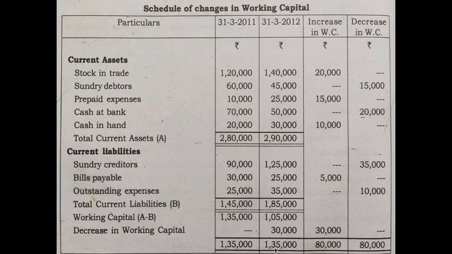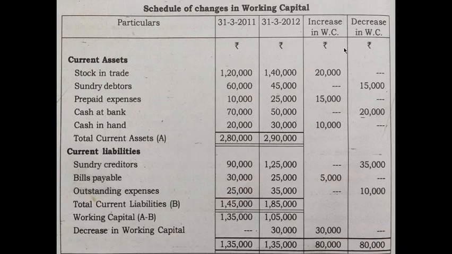As I mentioned earlier, here we are following the preparation of a ledger account, where we show the total amount which is higher on both sides and the difference amount in the total where it is smaller. Similarly, here if you take the sum of these two totals, the amount will be different. So take the amount that is higher. Here it is 80,000, this side is higher, that is decrease in working capital. Here also decrease in working capital.